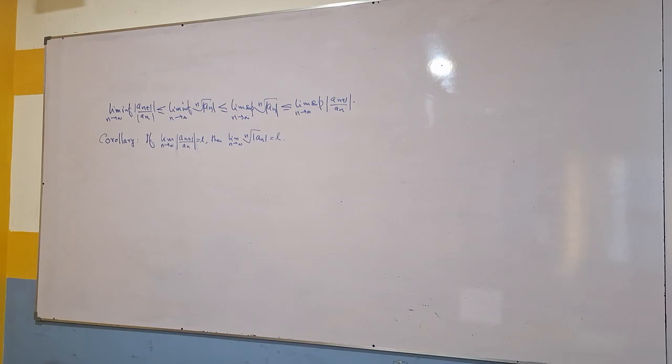This is a very big application of these inequalities. Though there are 3 inequalities, we proved only the rightmost one and the leftmost one, because the middle one is obvious.